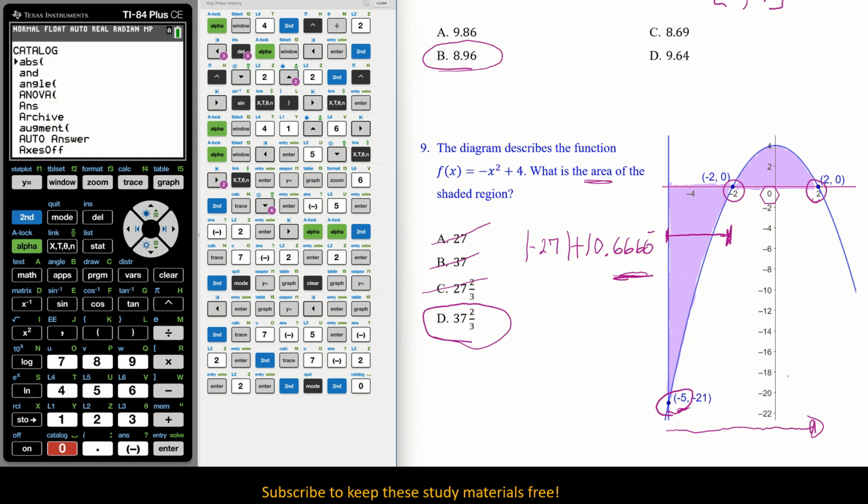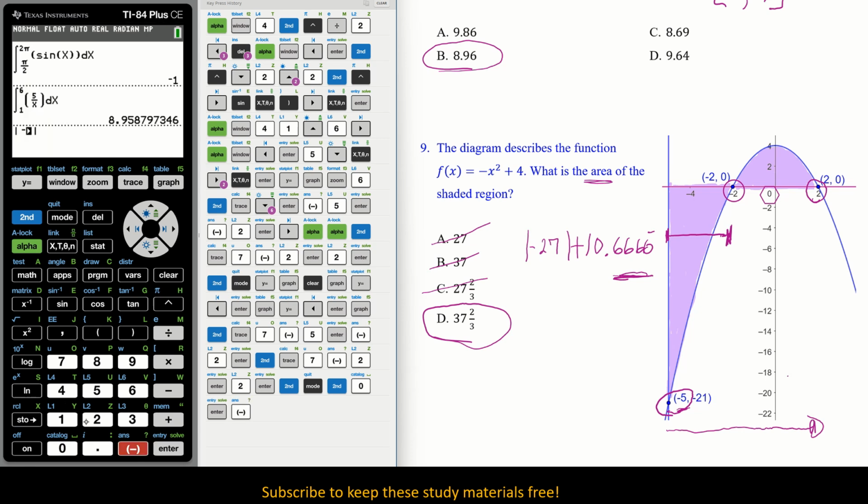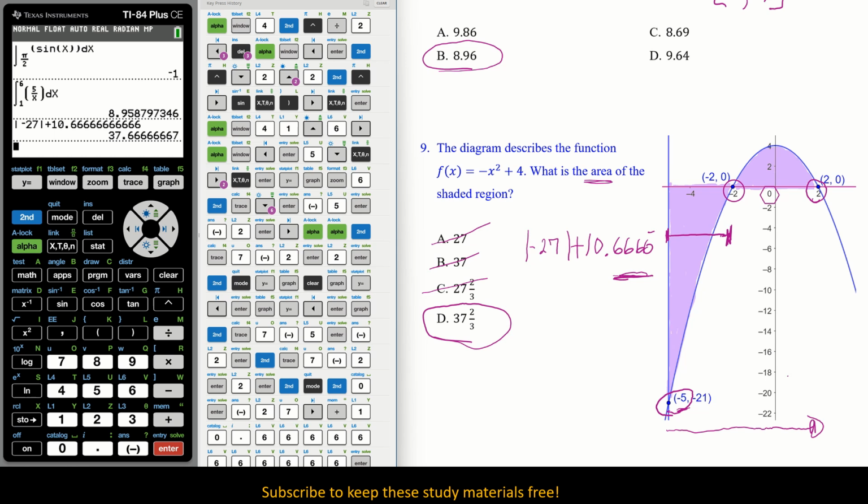And I do that because it's the first one up, okay? See where it says ABS, okay? Push enter. And in that, I just type in my -27, arrow over, and say plus 10.66666. And I put in several just for safety. Push enter. Okay.